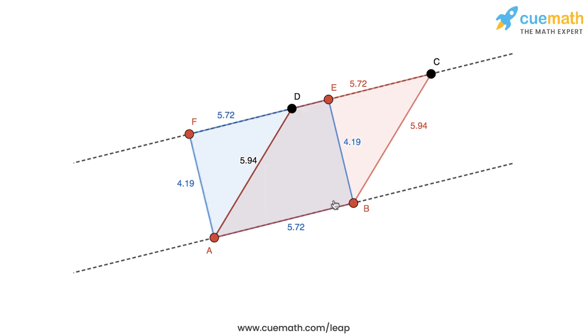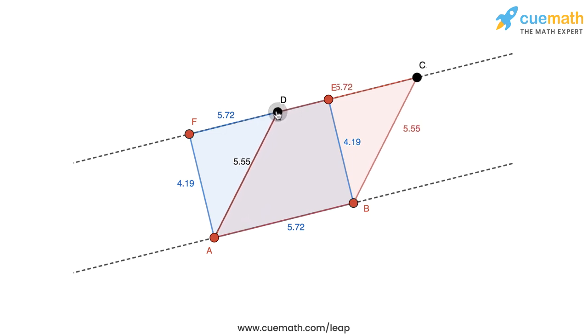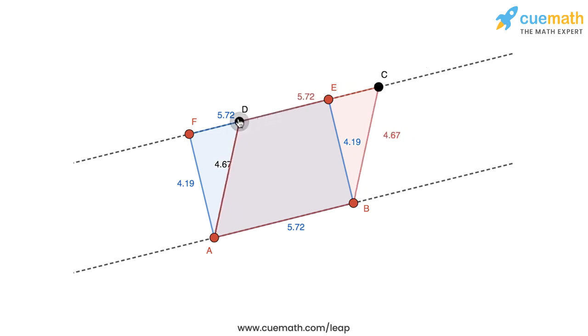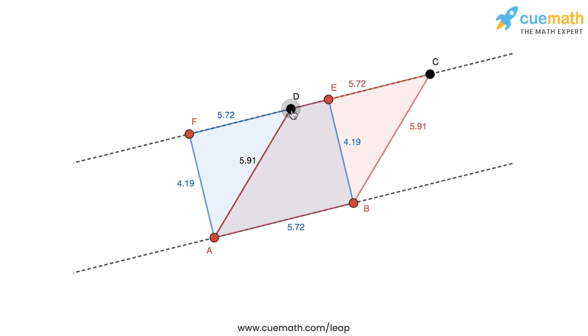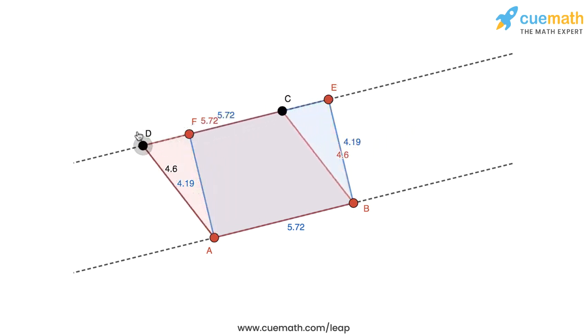So put together, the four sides of ABCD will have a higher total than the four sides of ABEF, and hence the parallelogram will have a larger perimeter. Now if I move around the vertices of ABCD, you can see that this is always true. The two sides BC and AD of ABCD are always larger than the corresponding sides BE and AF of ABEF.